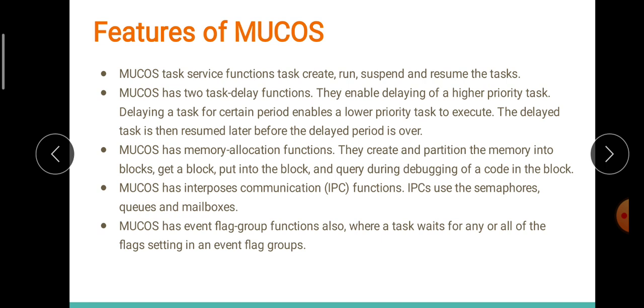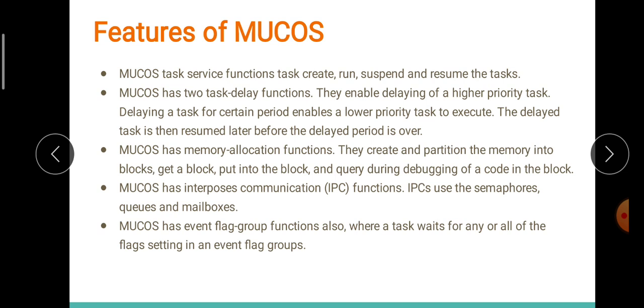And once your delay time is almost done, your delayed task can be resumed. So the two task delay functions make even the higher priority task able to be delayed.